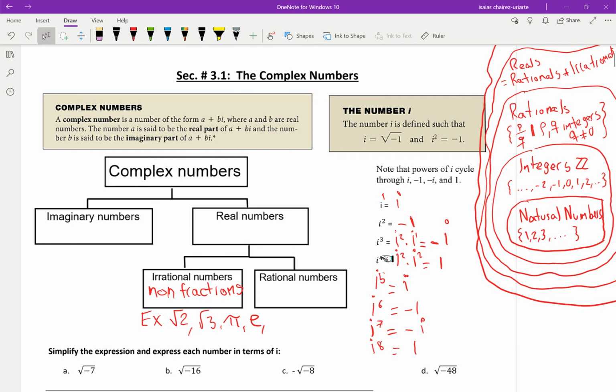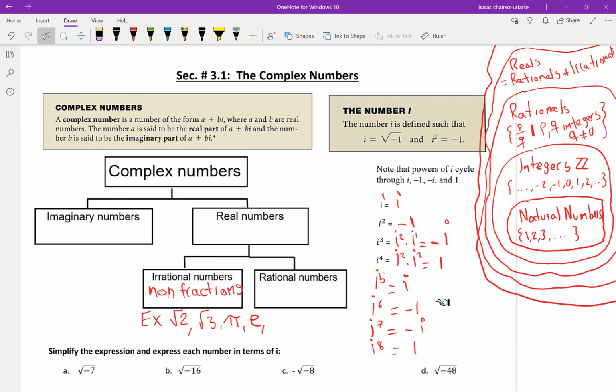Notice that if the exponent happens to be a multiple of 4, so 4, 8, 12, 16, 20, 24, you're going to just end up with 1. Okay, so be aware of these powers of i. We're going to need them in a few examples here.